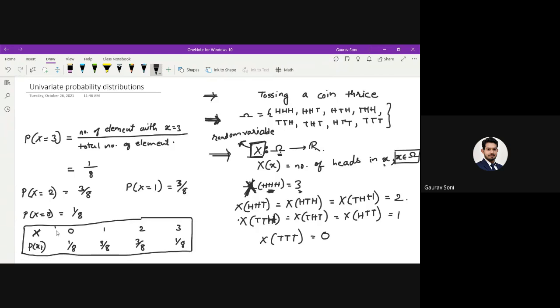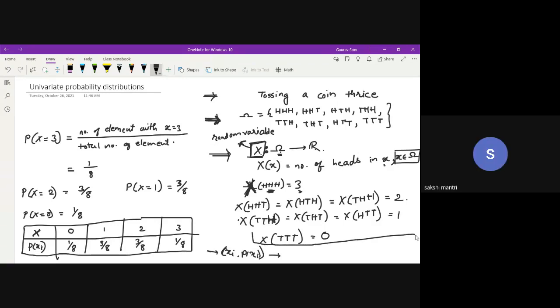For each value of your random variable, I am getting a probability. So this distribution, xi, comma, p of xi. Have you seen this kind of thing earlier in statistics? Yes, sir, that was frequency distribution, if you remember.